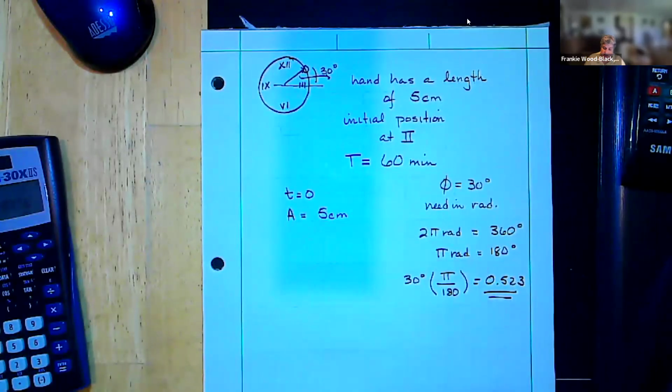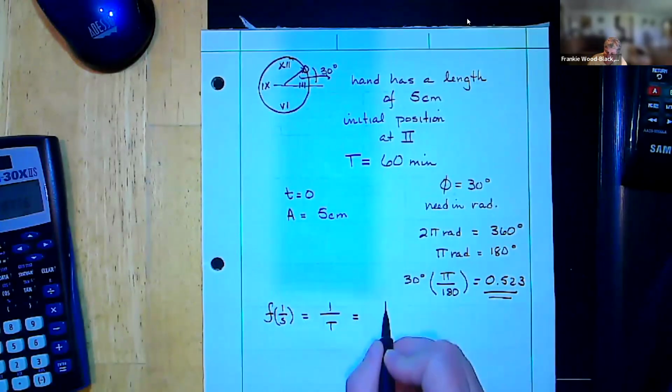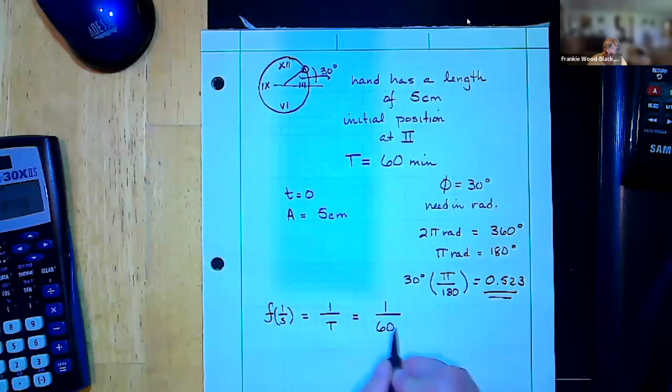Now I need frequency. And I want frequency in 1/seconds. Well, frequency is 1/the period, but I got to convert that. So I got 1/60 minutes.